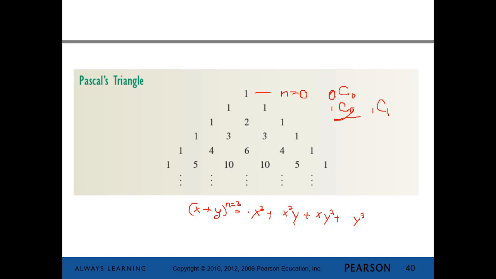The coefficients correspond to the combinations for n equals 3. 3 choose 0 is 1, 3 choose 1 is 3, 3 choose 2 is 3, and 3 choose 3 is 1. And there you go. That's just to give you a little background of where these come from and why this is powerful as far as the combinations go.